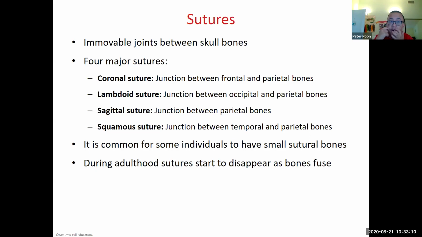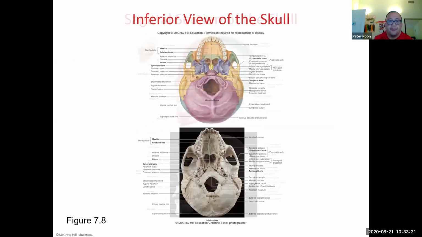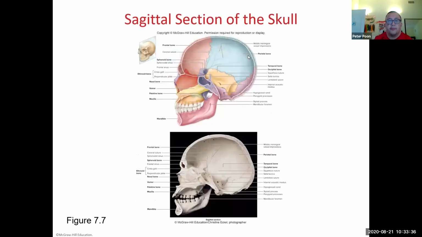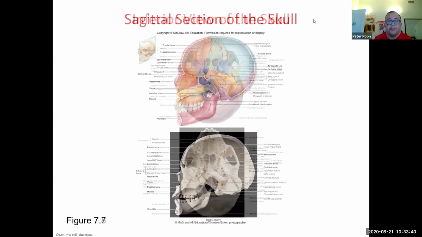So first, coronal suture. Coronal suture runs across the frontal plane. So it runs right here. It separates the frontal bone from the parietal bone. You can see that here, the line that separates the red and blue.